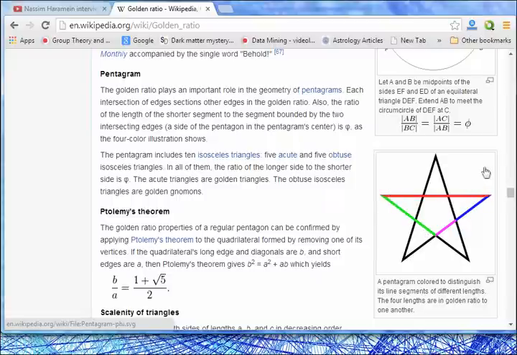It's all these golden ratios related to each other. In fact, the orbits of Earth and Venus are in a golden ratio of 5 to 8, which is resulting in that 5-petaled pattern.